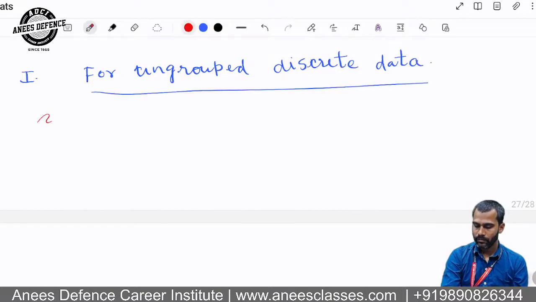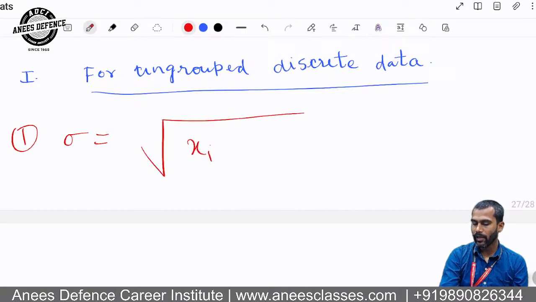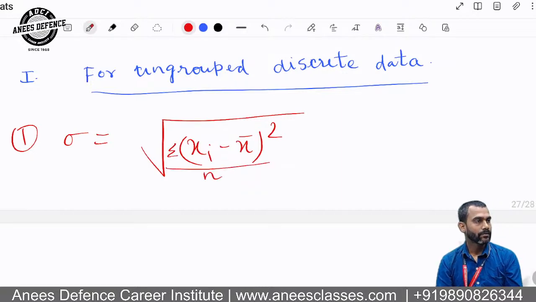First formula: sigma is equal to the square root of summation of xi minus x bar whole square, divided by n. That is what I have told you, right?